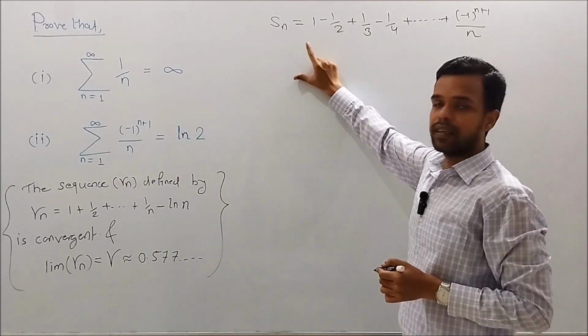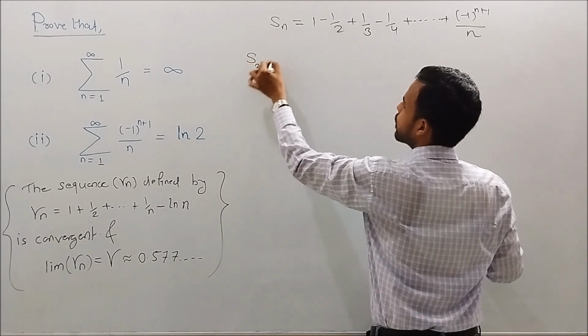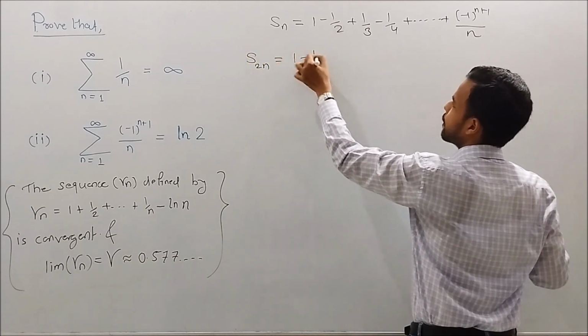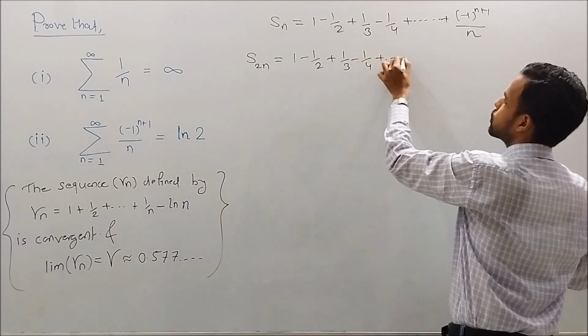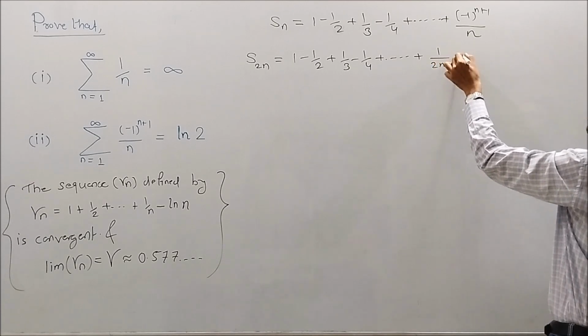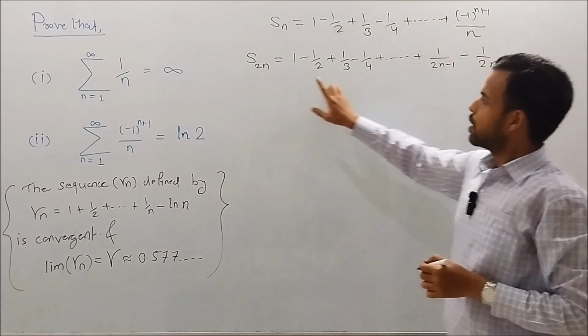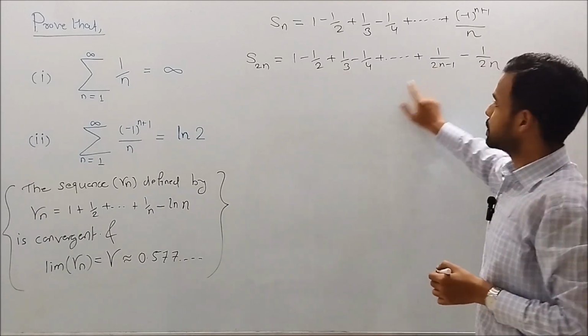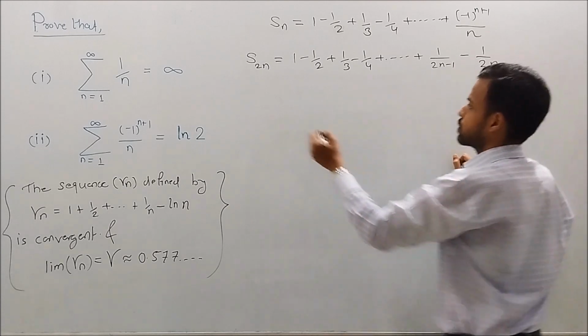Now let us consider its subsequence S2n. Now I can write this subsequence as a difference of two sequences as follows.